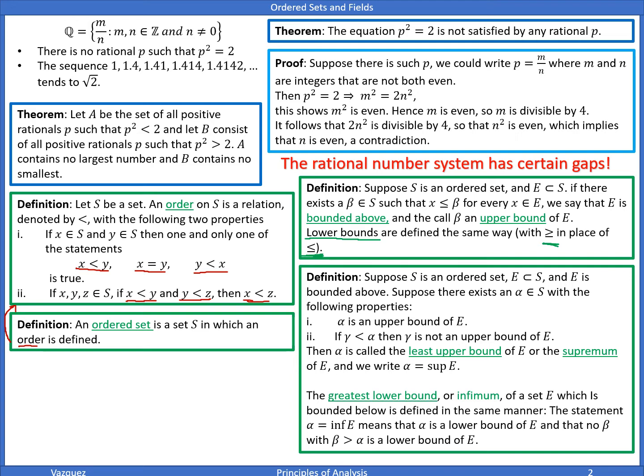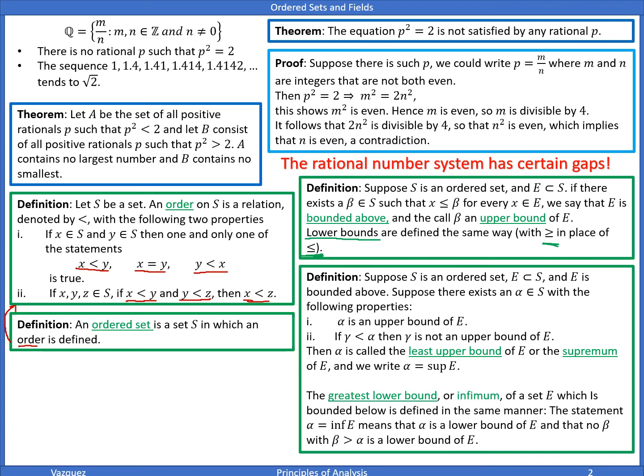For this next definition, suppose S is an ordered set, and let E be a subset of S and say that E is bounded above. That means beta exists, at least one. Suppose there exists an alpha in S with the following properties.